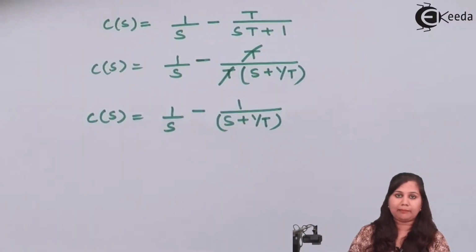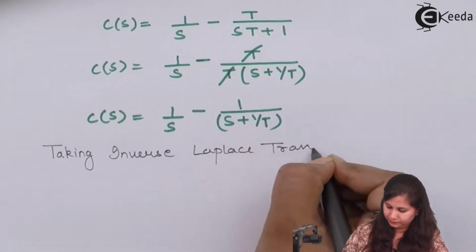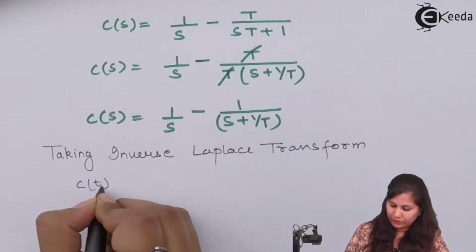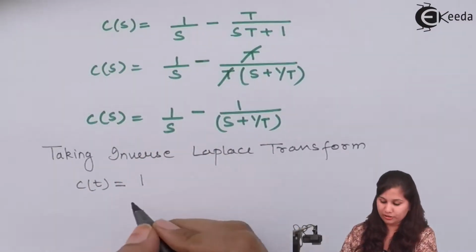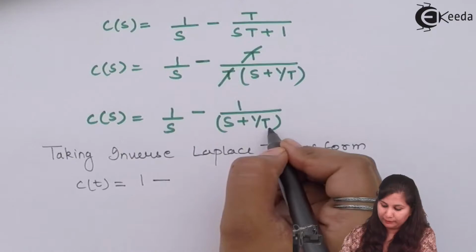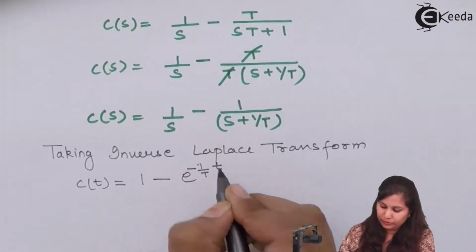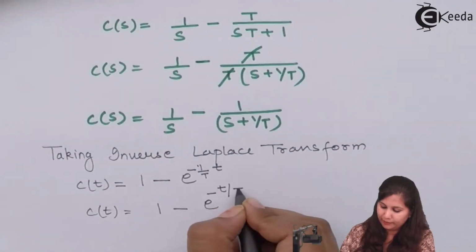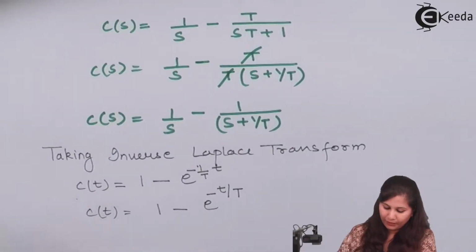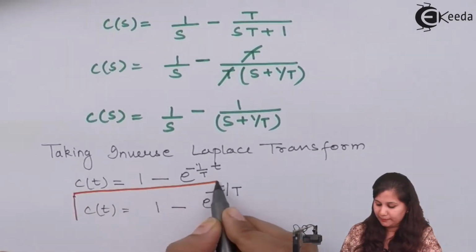Now we can take the inverse Laplace transform of this C(s) so that we can get c(t). c(t) will be equal to 1 by s, so its inverse Laplace transform will be 1, for the unit step function, minus 1 upon s plus 1 by T, so it is e raised to the power minus 1 by T into t, or we can say that c(t) is equal to 1 minus e raised to the power minus t upon T. So this is the equation of the output response when the input is a unit step function.